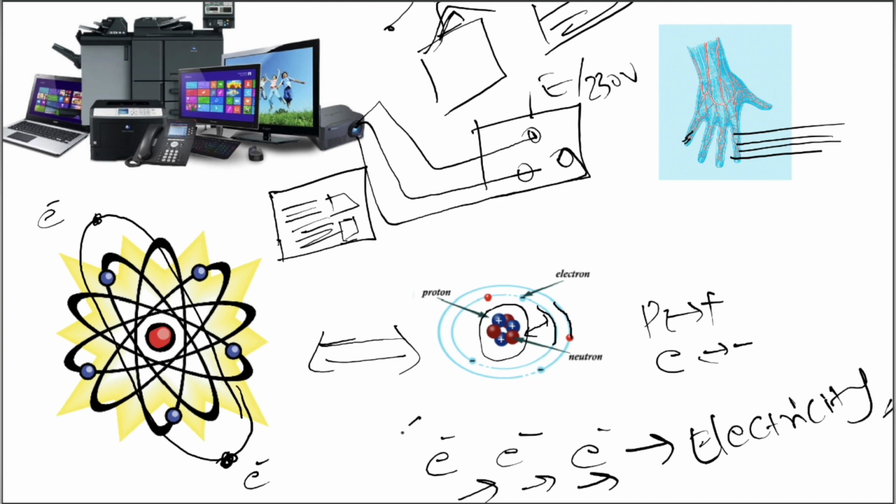Right? So this is how fundamentally electricity works. Now when you apply electricity to a certain material, if it conducts the current, then you know that there are going to be a lot of free electrons at the atomic level itself.